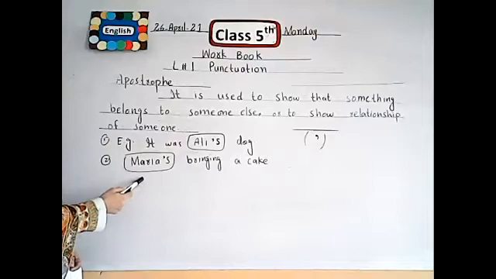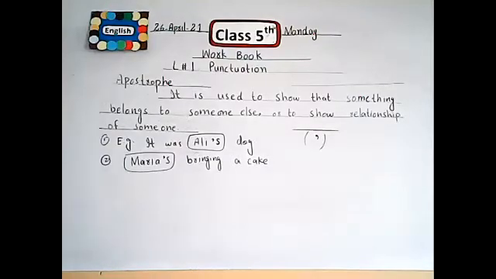And in the second one, we show the relationship between Maria and the cake. Second example is Maria's bringing a cake. Is it clear? I hope all of you understand and also note down this on your copies. Okay, students. You also write 3 examples of apostrophe.